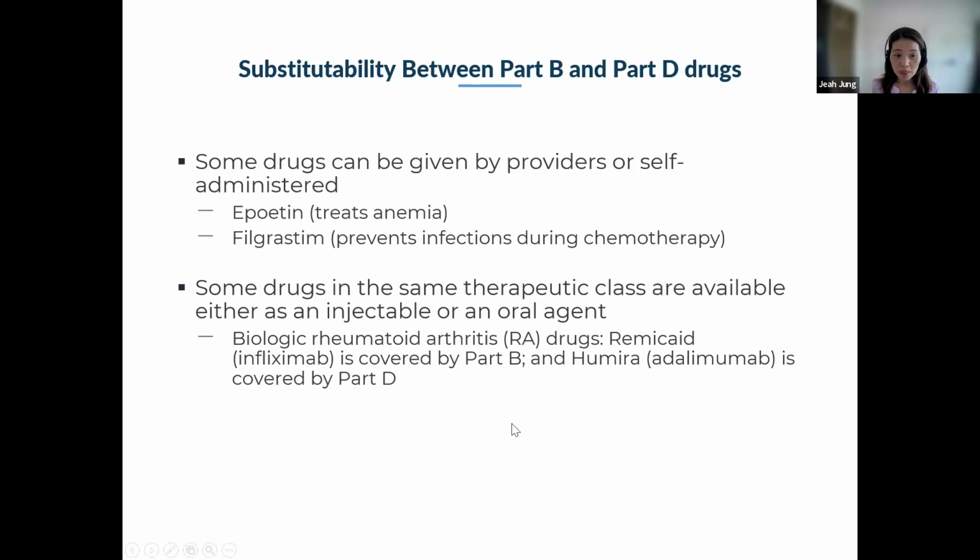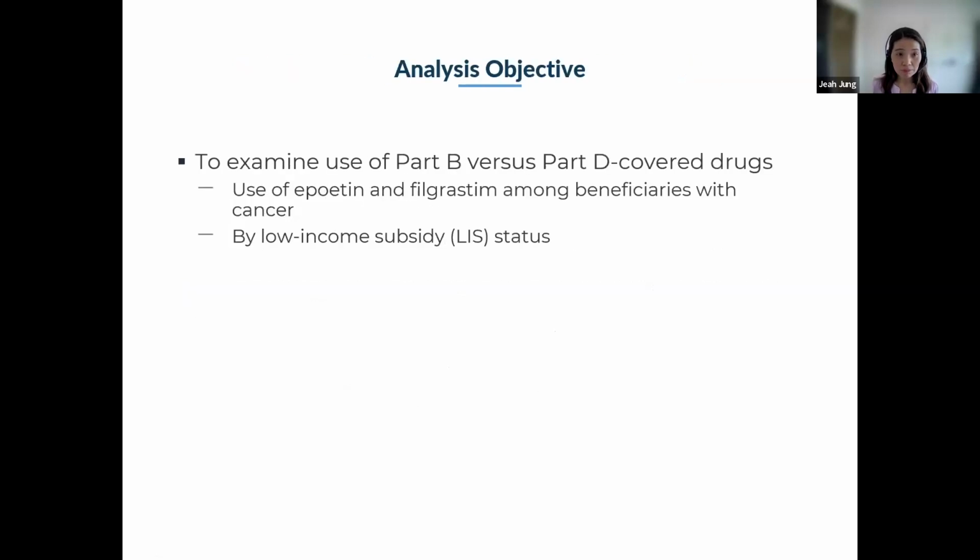So, for example, for biologic rheumatoid arthritis drugs, Remicade, infliximab, is covered by Part B. This is an IV agent, but Humira is covered under Part D. Between these two drugs, these are both effective RA drugs. Which drug the patient would use, that's something that one could look at. But we're going to focus on the first case.